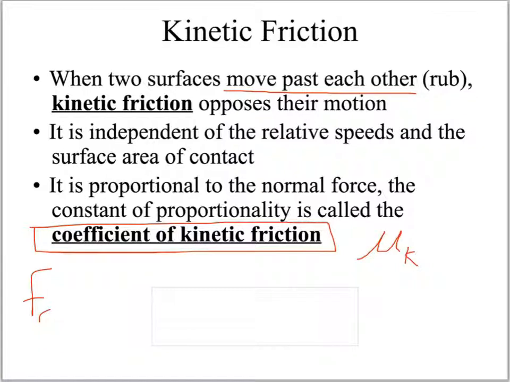Now we're actually going to be calculating it, and we're going to call it F sub K. This is kinetic friction, the friction that acts between two surfaces that are in motion. It is calculated as the coefficient of friction between them, mu sub K, times the normal force.